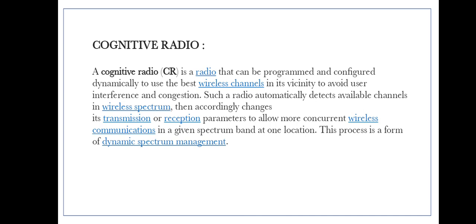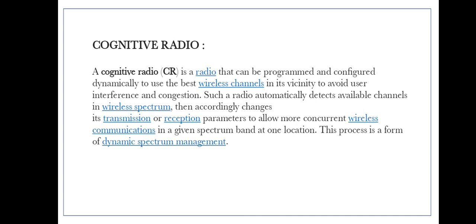Cognitive radio. A cognitive radio (CR) is a radio that can be programmed and configured dynamically to use the best wireless channels in its vicinity to avoid user interference and congestion.